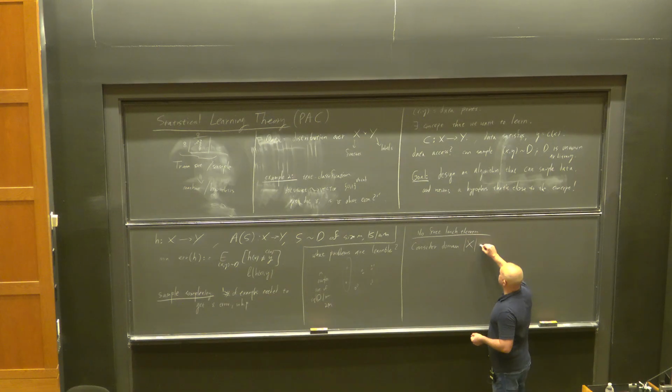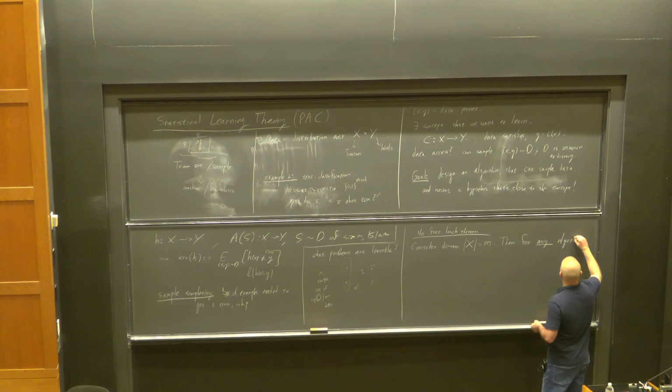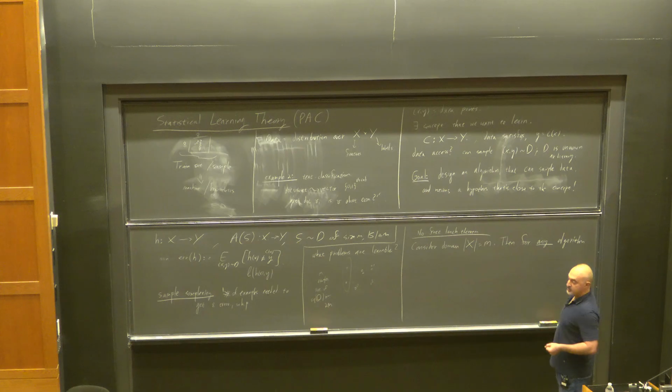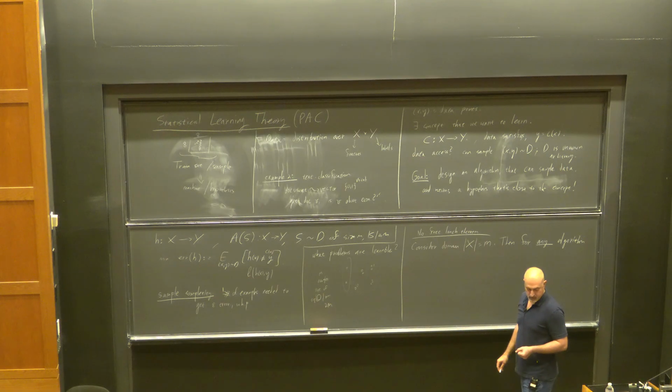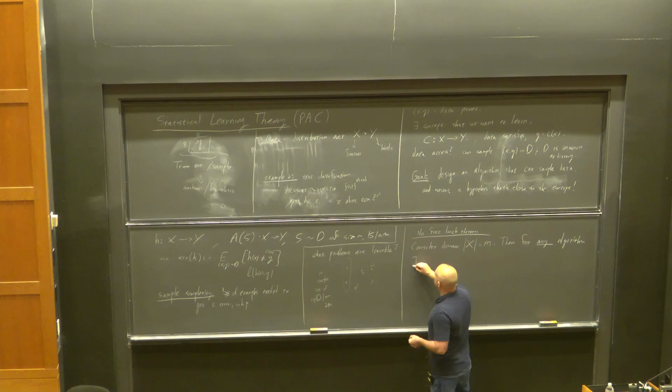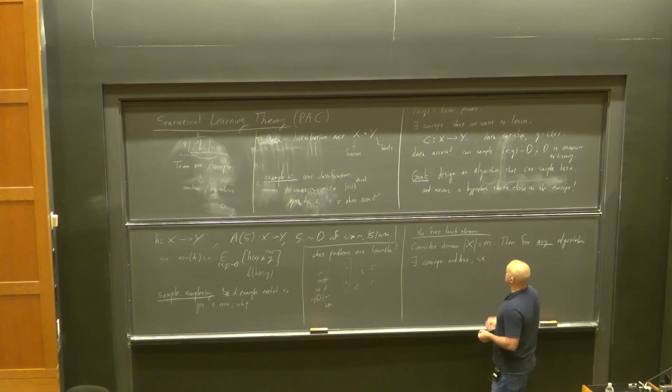Let's say the size of this is M. Then, for any algorithm, it doesn't matter what the algorithm is, there exists a concept and distribution such that the following things hold.